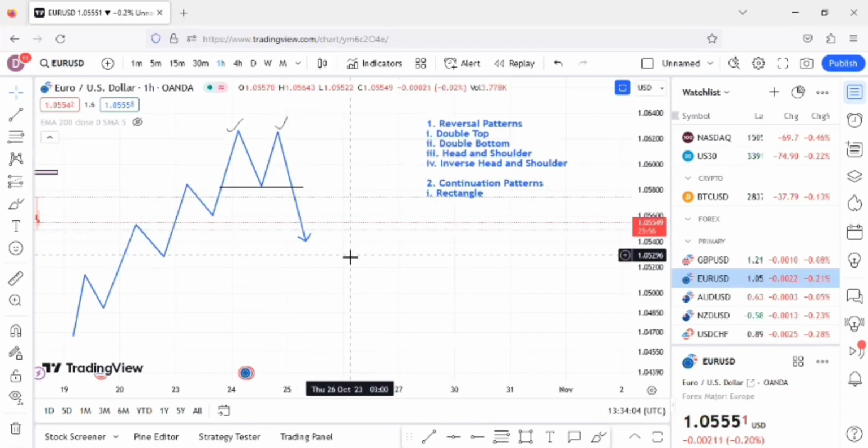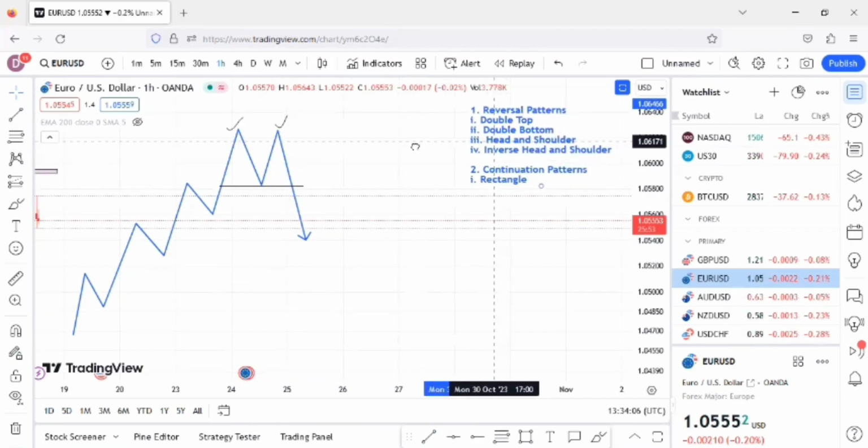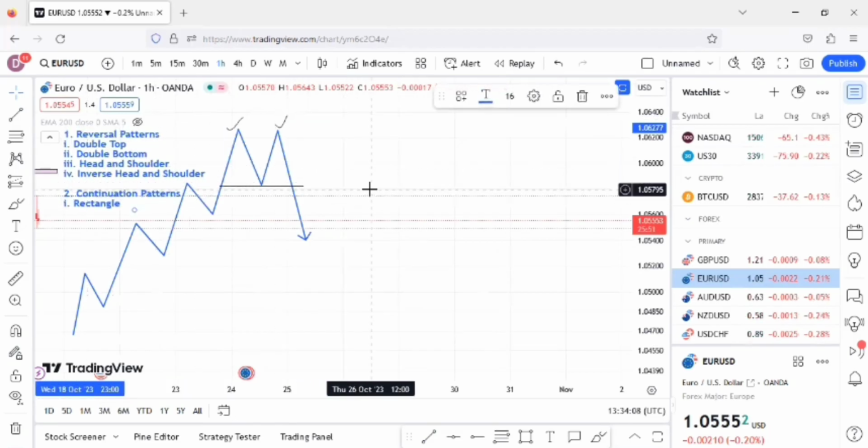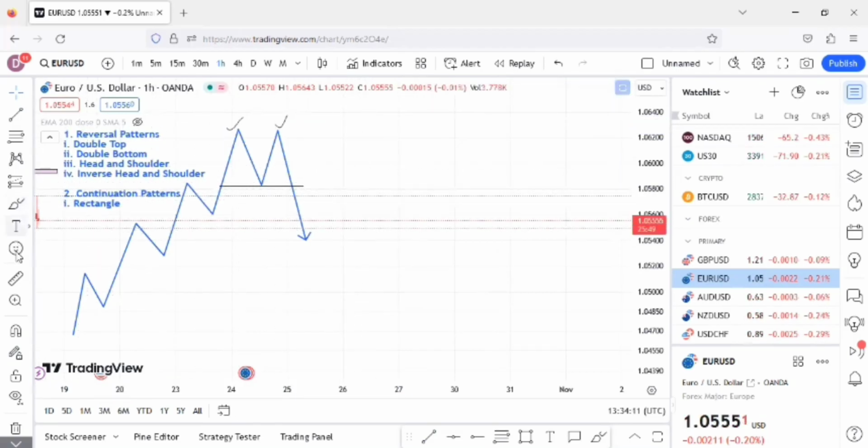Then a double bottom pattern, you usually find them at the bottom of a trend.